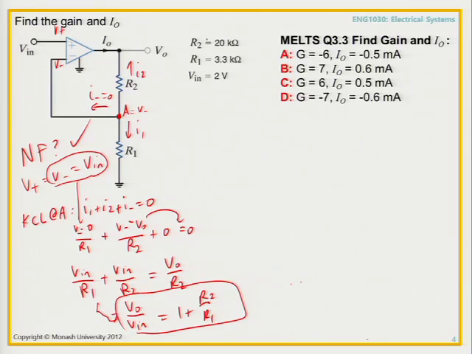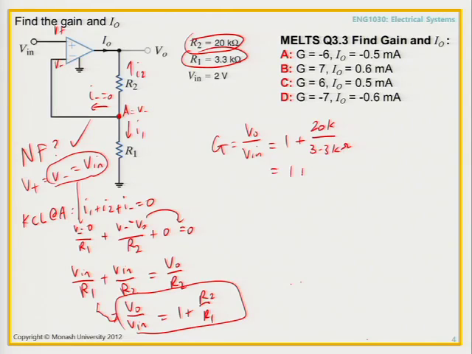Now substituting in our values, the gain G equals V out over V in equals 1 plus R2, which is 20 kilo ohms, over 3.3 kilo ohms. That's equal to 1 plus, approximately 6, round it to 6, equals 7. All right, so there we go. If you work that out, you probably by deduction figured out that this was the answer.